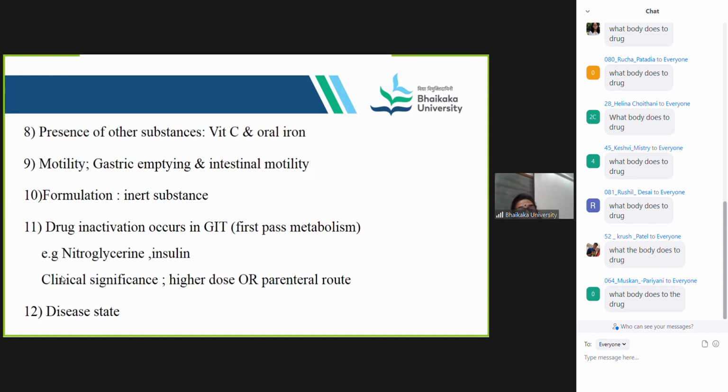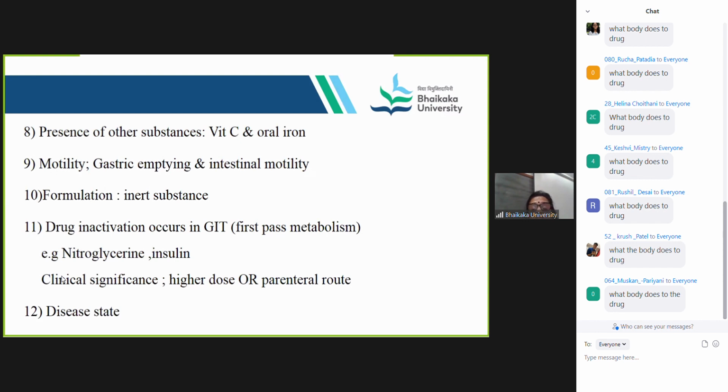Now coming to the concept of first pass metabolism. Drug inactivation which occurs in the GIT, and the main examples are nitroglycerin and insulin. For drugs having this first pass metabolism, I will let you know in detail after some slides. Then what is the clinical significance?